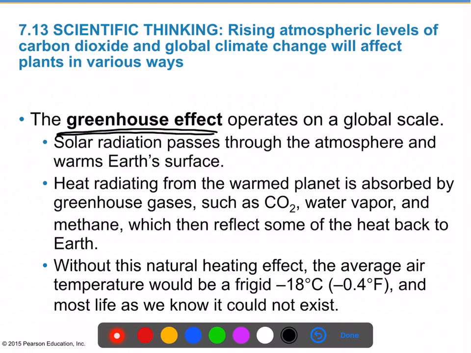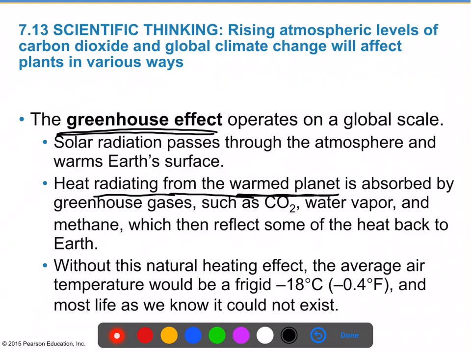Let's do a quick review of something you've heard about before, probably, called the greenhouse effect. The greenhouse effect is a product of Earth's insulating gases, the gases that are part of our atmosphere. When solar energy strikes the planet, some of that energy radiates back out towards space. Fortunately for us, that heat energy that would otherwise escape into space is reflected back onto Earth by our atmospheric gases.